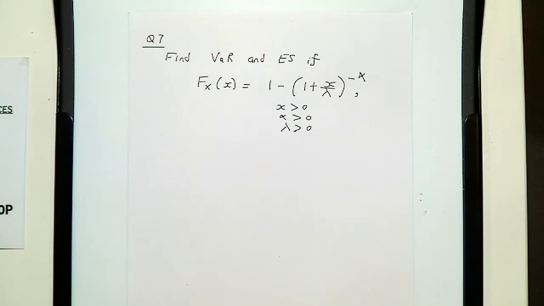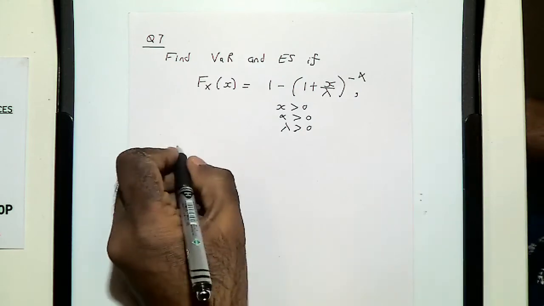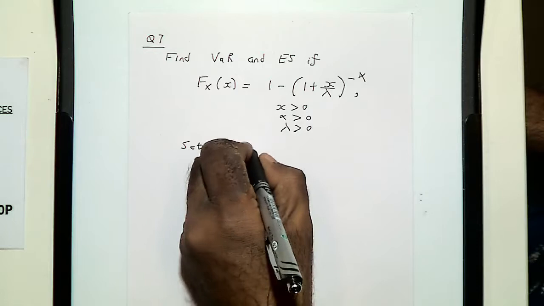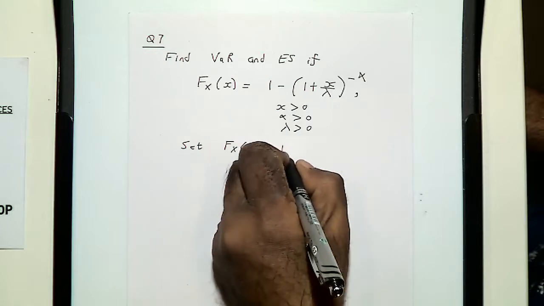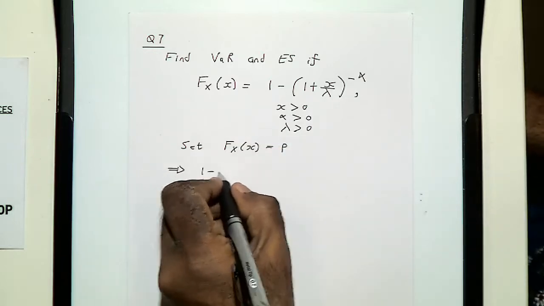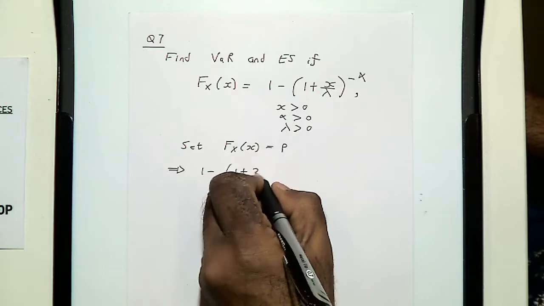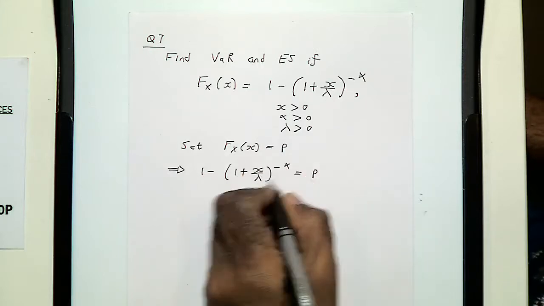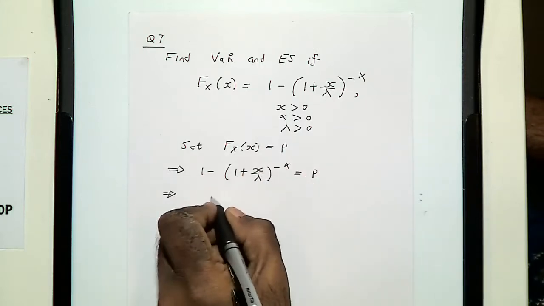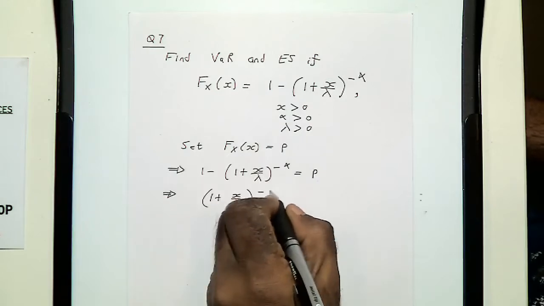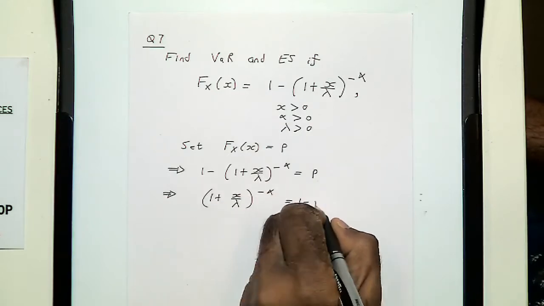All right guys, so let's see how we can do this. As usual, set the CDF to p and solve for x to find the VaR. So this becomes 1 minus ... p.